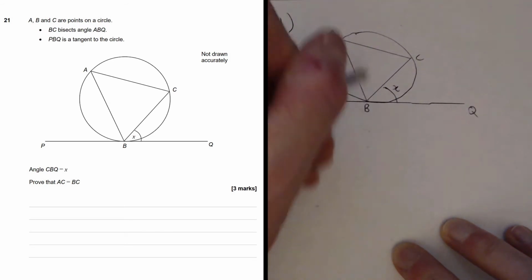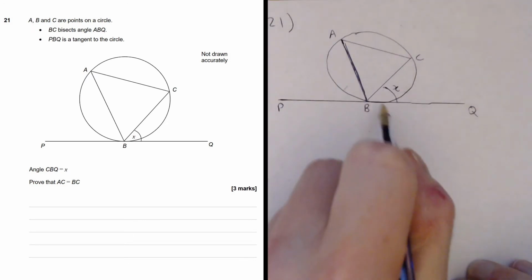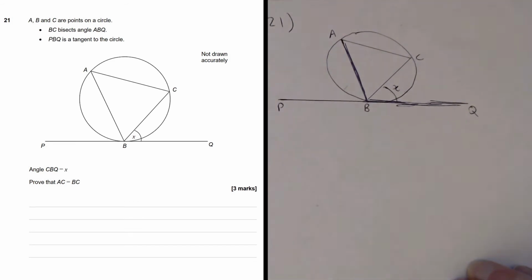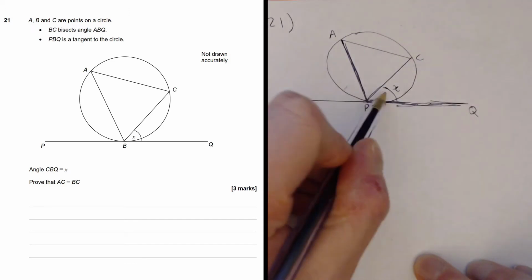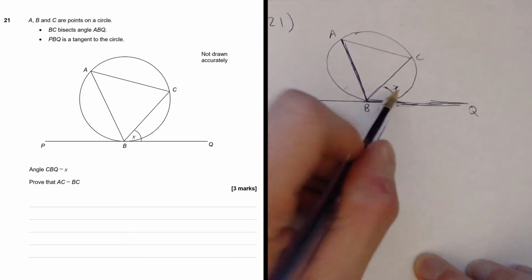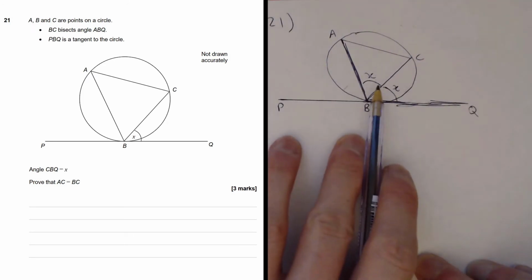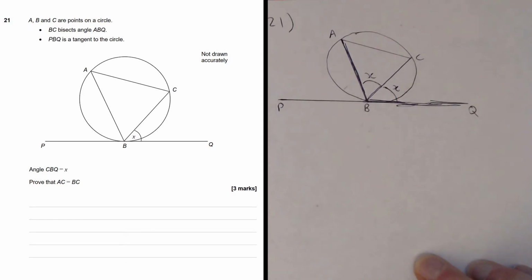So what's angle ABQ? Well, it's this one here. So if I highlight that, what that means, if it says bisect, is it cuts it in half. So BC there cuts this whole angle in half. But we know what half of the angle is, it's x, so that tells us that this angle there is x, because BC has bisected this big angle, cut it into two pieces.